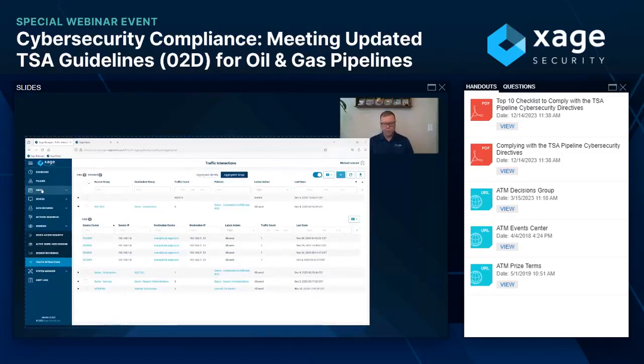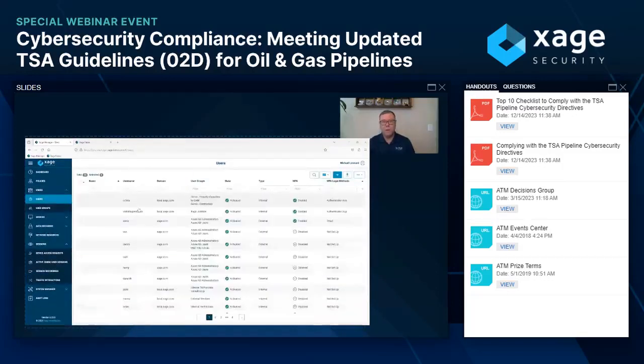So one of the things that I think we got wrong is that we started focusing on a separate Active Directory instead of just a separate directory. So Xage does function as a directory. Inside of here are users and groups, very similar to something like an Active Directory. We apply policies to these users and groups, but they don't have to exist inside of your Active Directory.